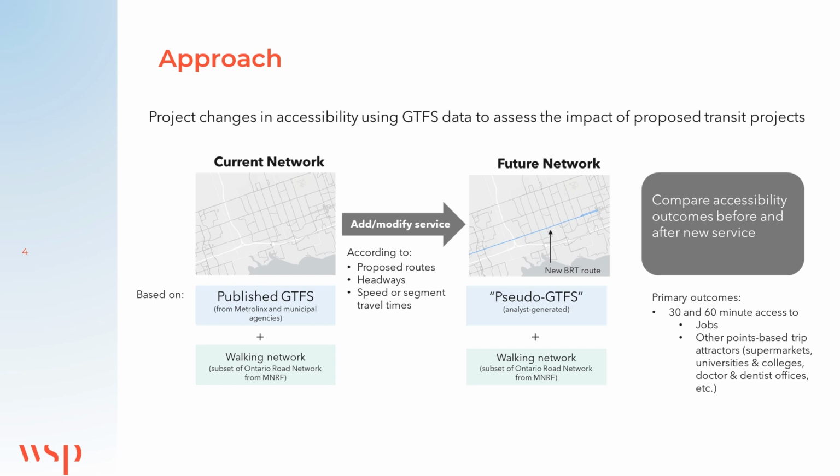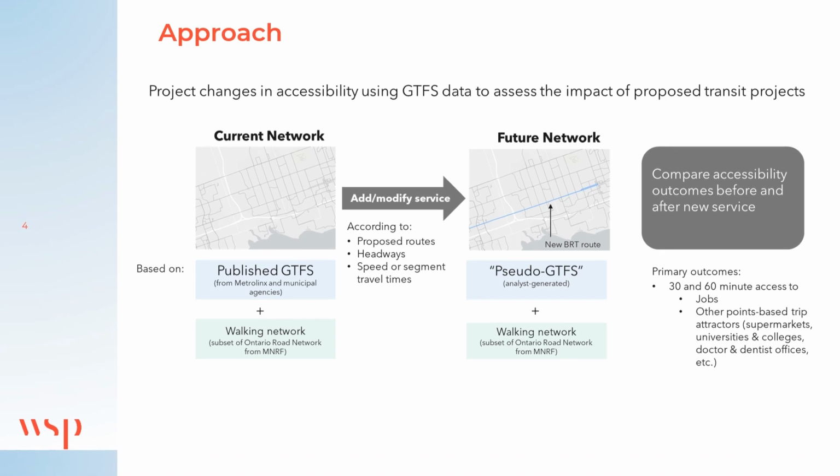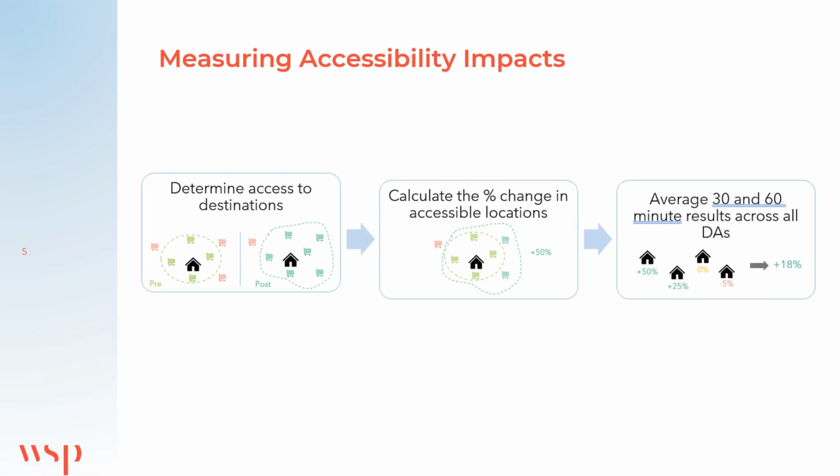Just a quick visual description of the process here, and as Anthony says, we'll be happy to answer further questions on technical aspects later or in private conversation. What the tool does is we determine the access from each origin site, and those origins can be defined in any way. We use census DAs for our input, which are the smallest census unit.